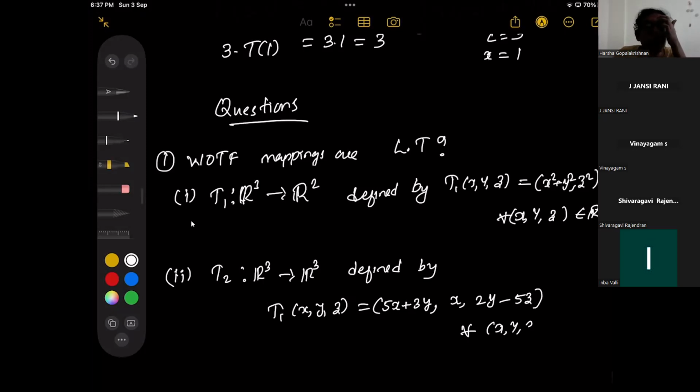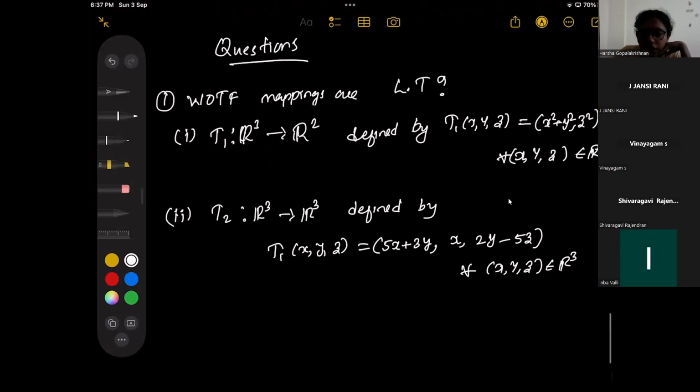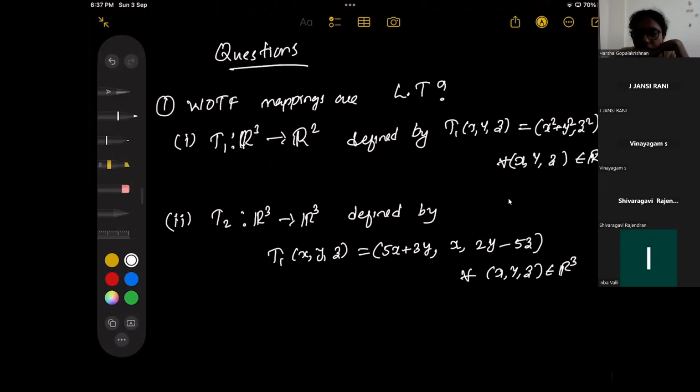Okay. So what about the first question? What is your guess? Is it a linear transformation? Actually, just by examining it, we can say whether a map is a linear transformation or not. Like in the name itself, it is written linear, meaning it should be in the form of linear functions.